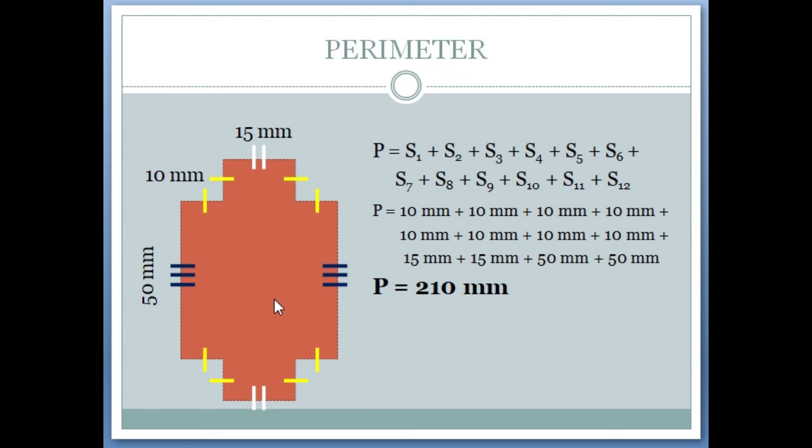And as you can see, it is an irregular dodecagon because magkakaiba yung measurement ng bawat side. Okay? Ngayon, ang formula na gagamitin natin is S of 1 plus S of 2 plus S of 3 until S of 12, dahil 12 sides meron ang dodecagon.